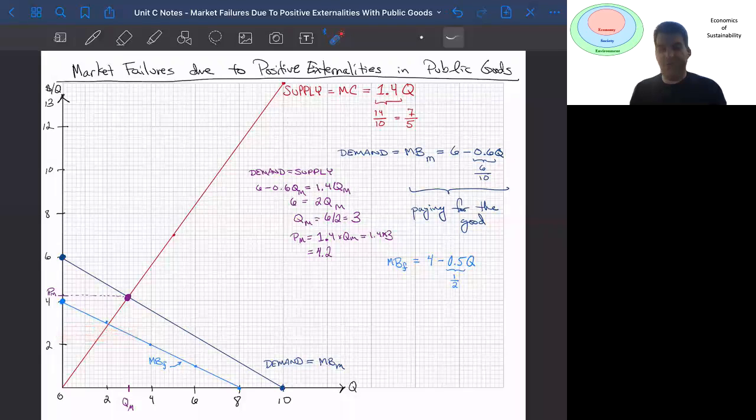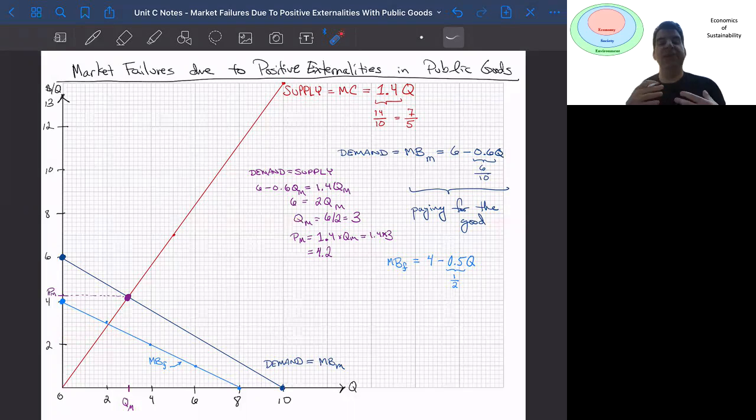For every new unit that would be provided to the market, they are experiencing a benefit of somewhere around 2.5 or so. We could solve for that point if we wanted to.